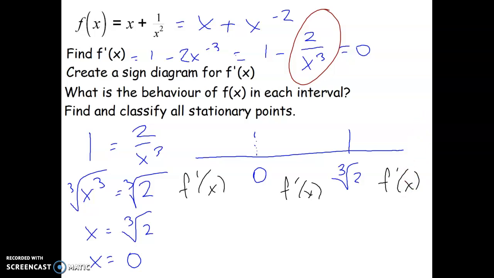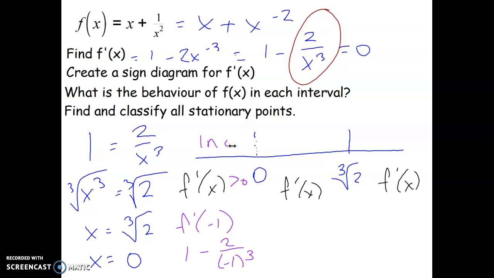So I'll substitute it in there. 1 minus 2 over negative 1 to the third. Negative 1 to the third is going to be a negative number. And negative, negative, that's going to be positive. So I know that this is going to be positive, which means it's going to be increasing.